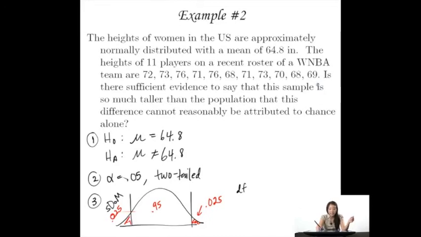I should say yes, because when you're way out here, your probability that you belong to this chance distribution is so small that it's reasonable for us to say it probably came from a different population, that the sample came from a different population.